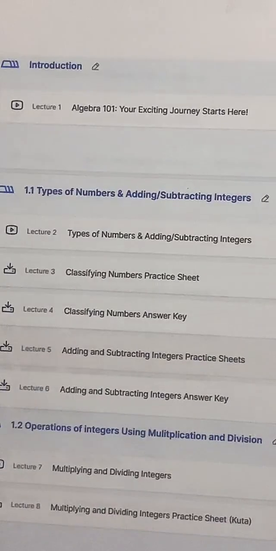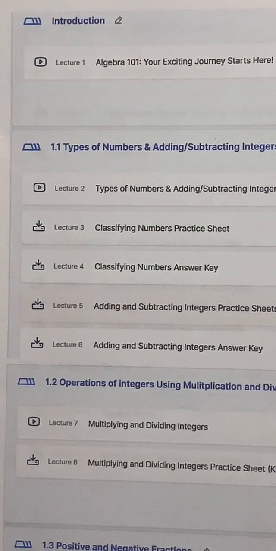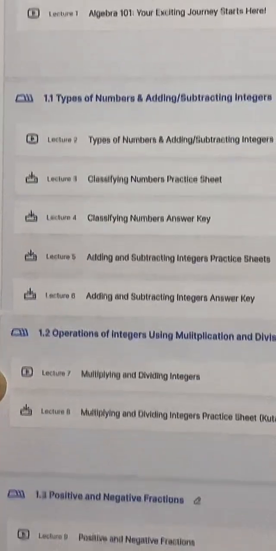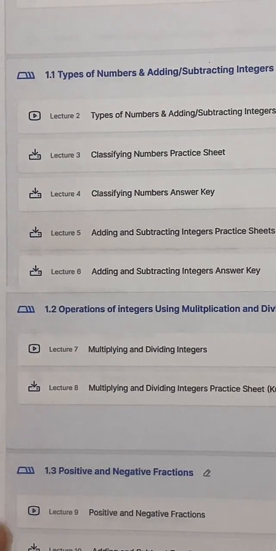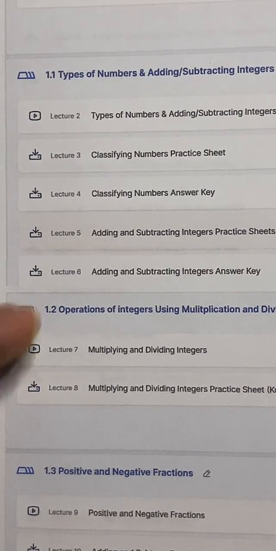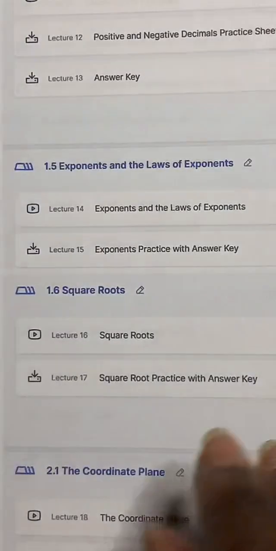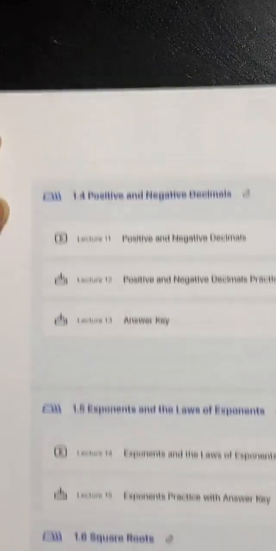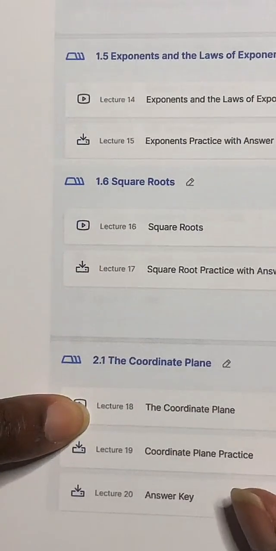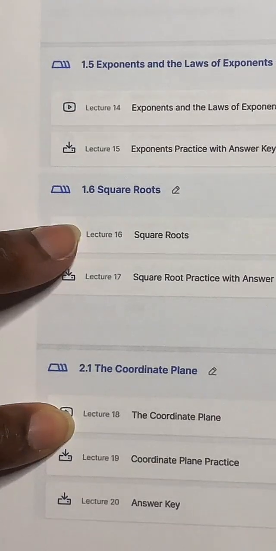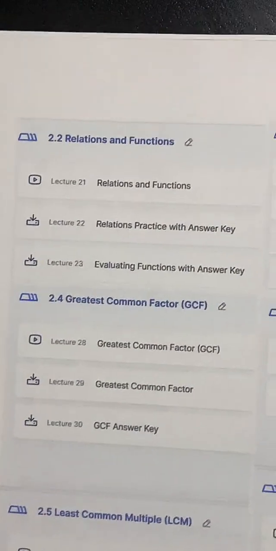So you have everything dealing with the types of numbers and the operations: adding, subtracting, multiplying, dividing, integers, fractions, decimals, exponents, square roots, and the coordinate plane, anything dealing with graphing.